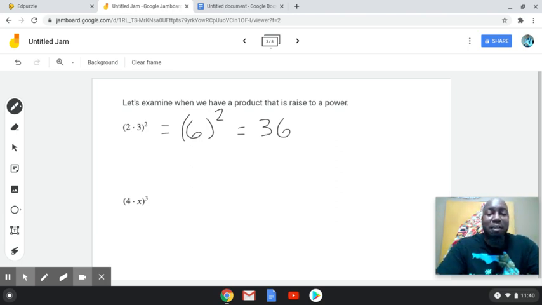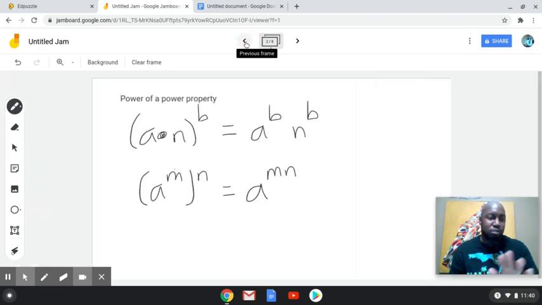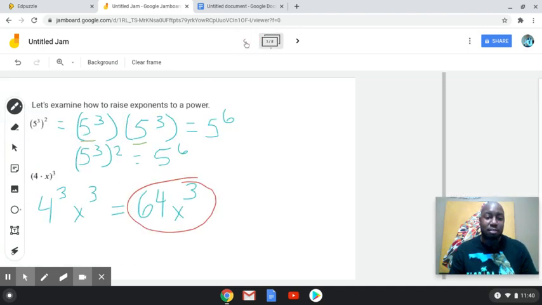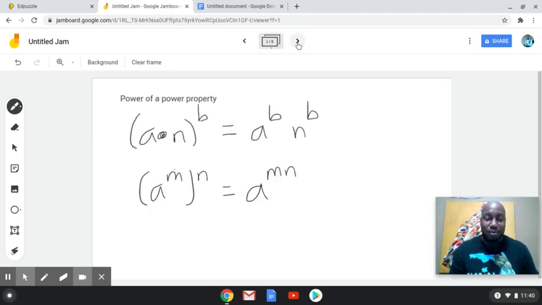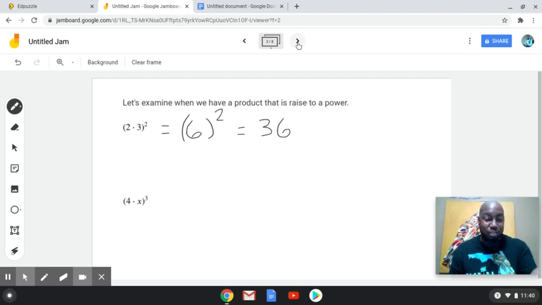This is supposed to be the power of a product property, but I think I did this example in the last one. The last one was supposed to be just the power property, so you weren't supposed to see this. That's 4 times x to the third. I'm sorry about that, but we're going to continue. It's supposed to go here. Anyway, let's go back to this.